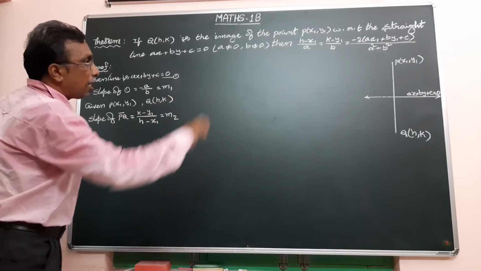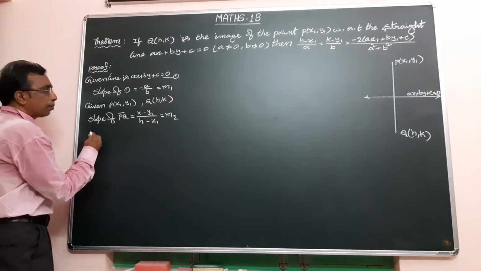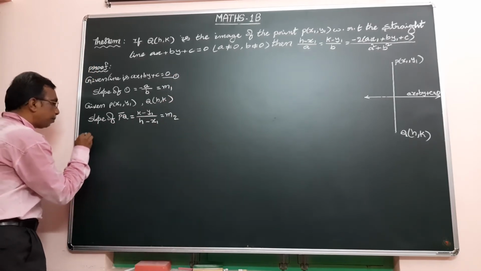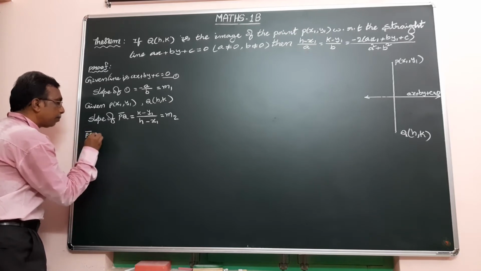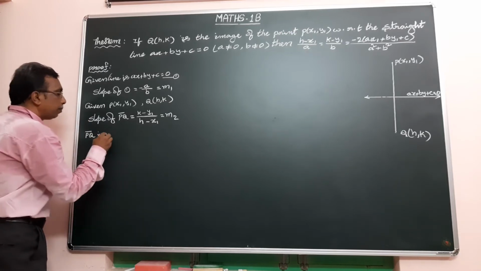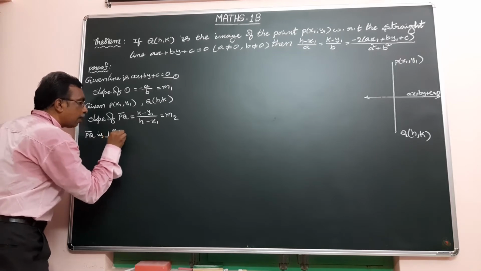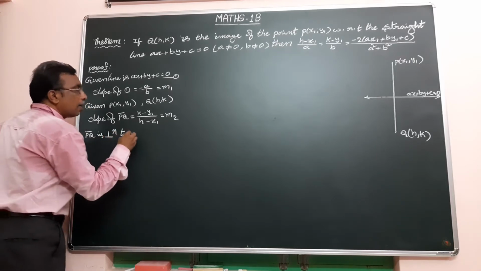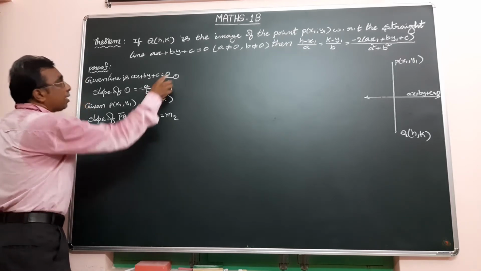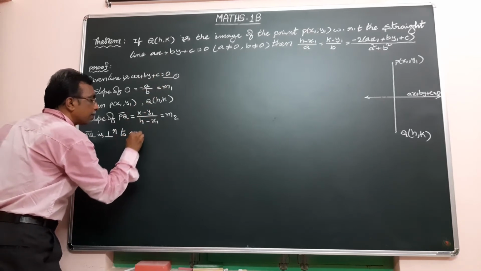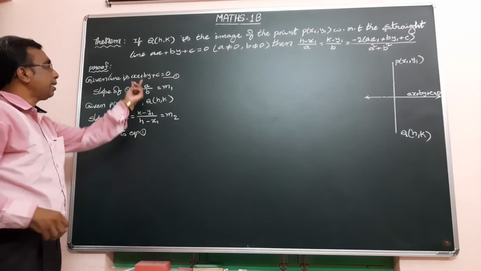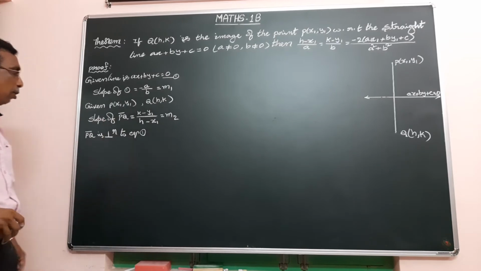PQ bar is perpendicular to equation 1, that means ax plus by plus c equal to 0.